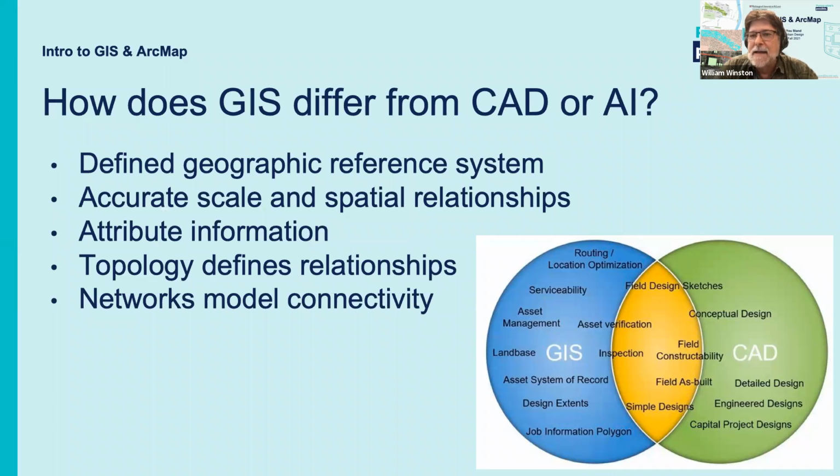That's not to say that CAD data doesn't have a geographic reference system, but CAD data is typically defined on a local coordinate system, whereby you're dealing with a site model with an origin of 0, 0 located somewhere on your site. And all of the other features and elements in your map might be referenced relative to that 0, 0 location.